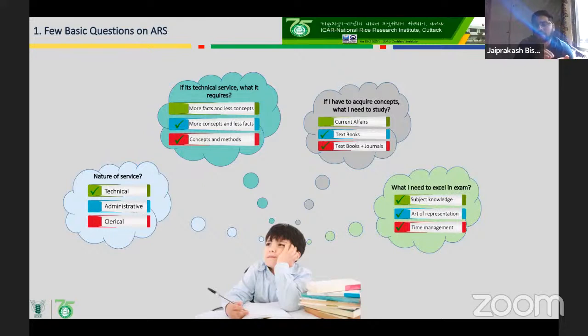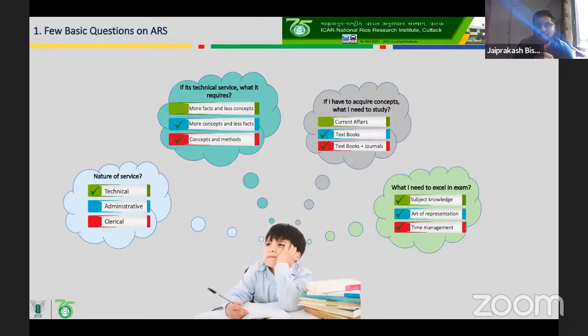But for ARS, there is no need to read current affairs because it is purely technical services, and it does not need you to know current affairs. But the current affairs part is really good to help you articulate things when you write research papers or reports.